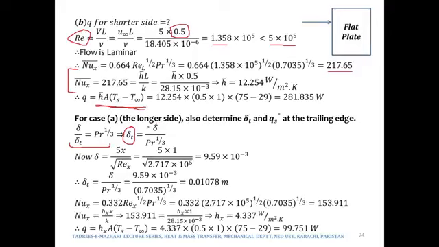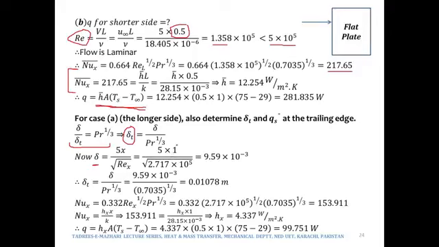All we need to do is find out the value of delta. So delta at any x would be 5 times x over root of Reynolds number. Since we are trying to find out the thickness of the thermal boundary layer at the trailing edge, we will also find out the thickness of the hydrodynamic boundary layer, the velocity boundary layer, at the trailing edge as well.